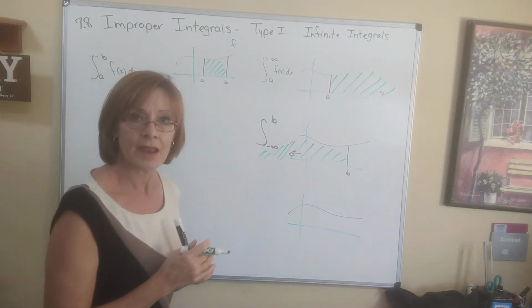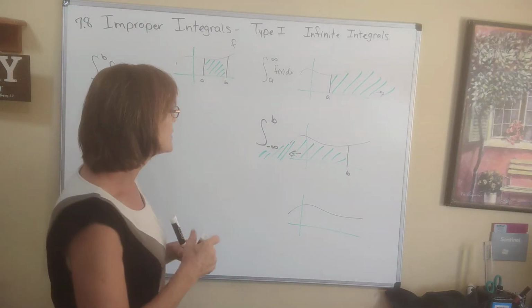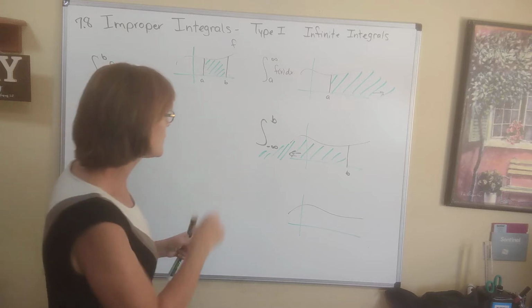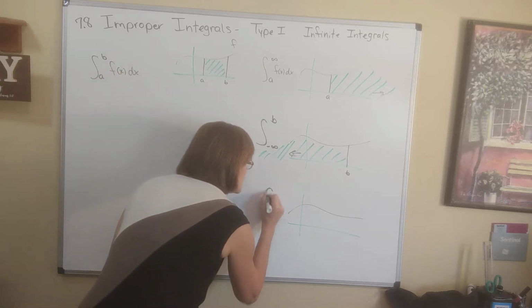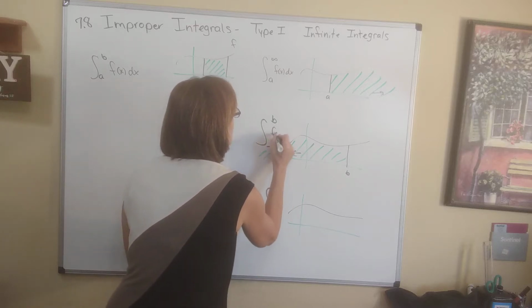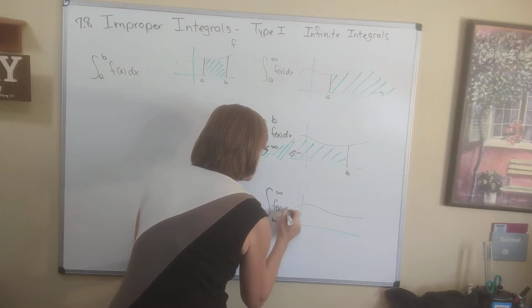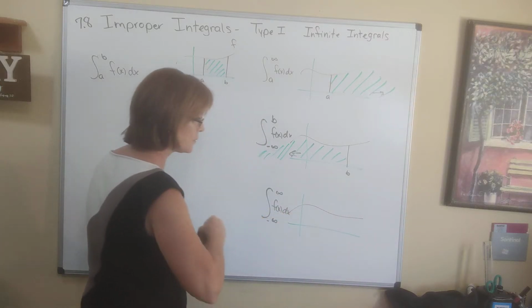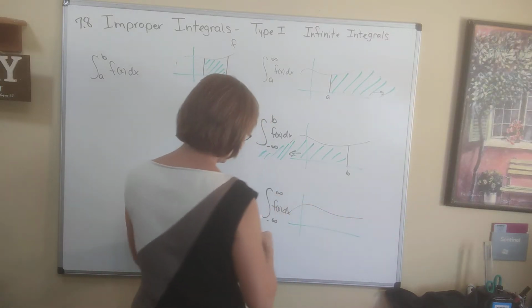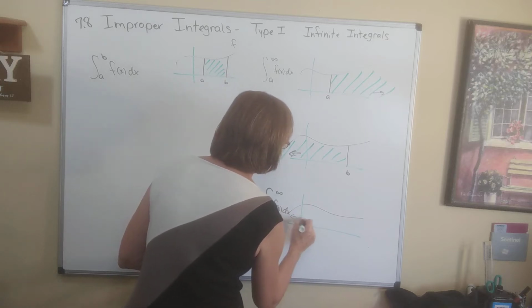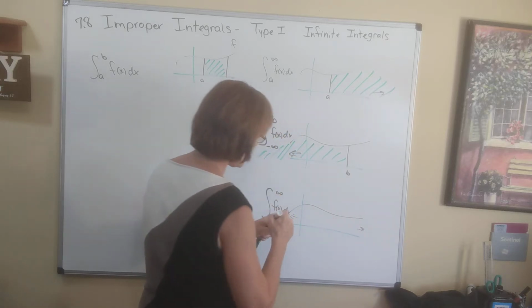And then the third one under type 1 that we get is from negative infinity to positive infinity. Oh, here's my f of x dx. I meant to put that on there. What this means is we're just integrating everywhere under the curve, as far to the left and to the right as we can go.